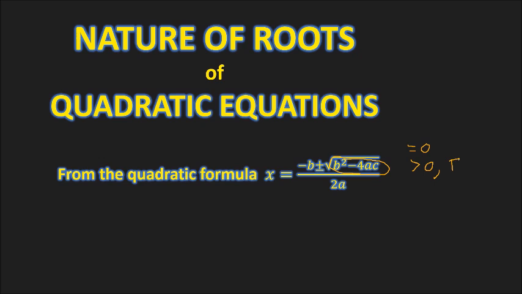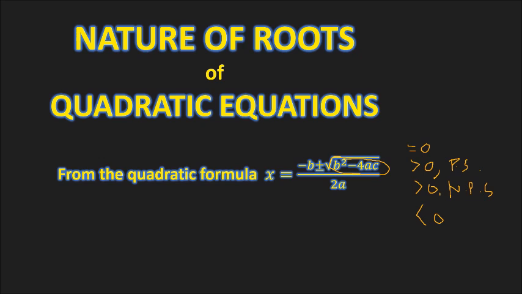it's a perfect square. Sometimes it's also greater than 0, but it's not a perfect square. Sometimes it's less than 0 or negative.